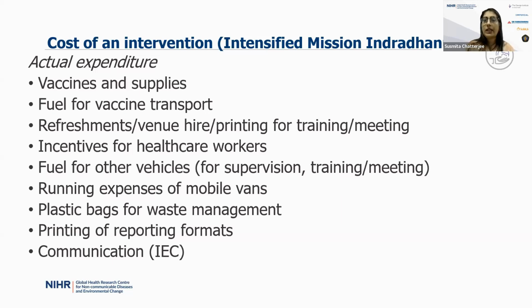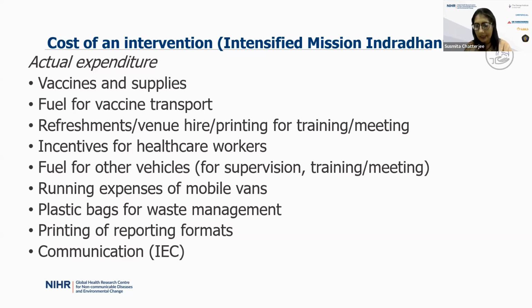Here I always struggle. Whenever I tell anyone, and it's not only IMI, I'm talking about all the studies I have done till date, when I talk about expenditure, they talk about budget. No, not budget, expenditure. So actual expenditure for vaccine and supply, fuel for transport, refreshment, incentives, etc., you can get from your expenditure sheet.